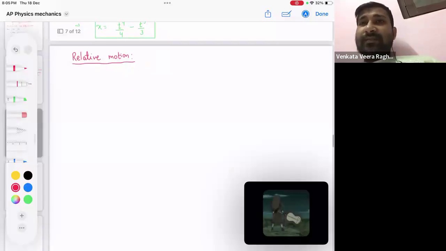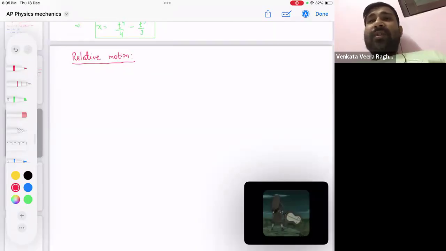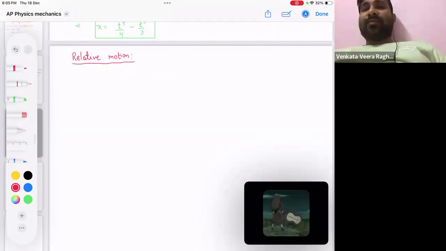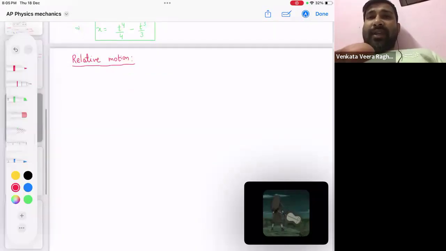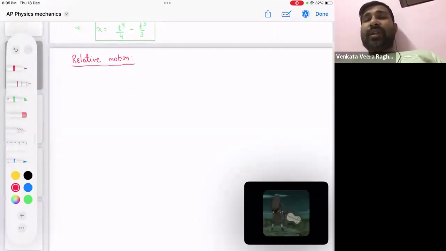Relative motion means that from a moving observer, we are going to observe the motion of a body, not with respect to a stationary observer. We are going to observe the motion of a body with respect to an observer who is also in motion. Apart from the object, the observer is also in motion. Is that clear?